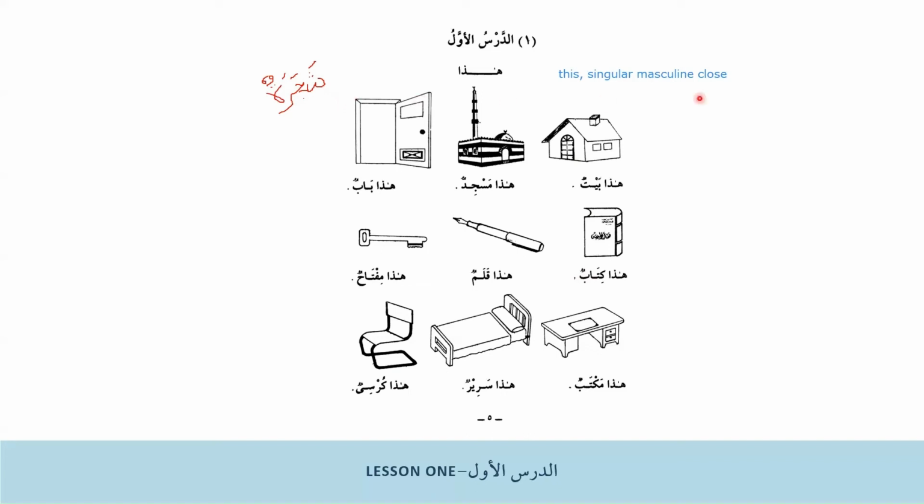Okay, and the last and final thing about the grammatical function of the word hada is that it's used for singular masculine and close. Because if we want to point out something which is far, we'll use the word dhalika. So dhalika baytun, that is a house, but we will learn that at its appropriate time, inshallah.